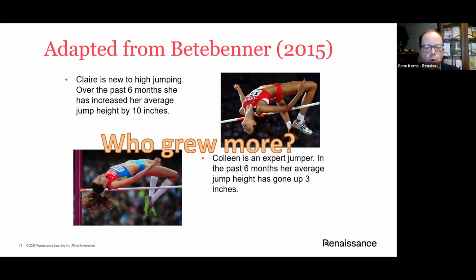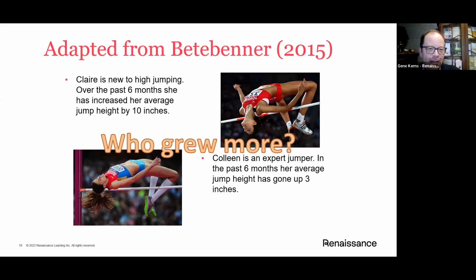Give a couple seconds more. That's actually more than just a 1 or 2 word response. So hopefully somebody's typing out there. Another way I could phrase it is, well, what's the difference between these two? What makes comparing the relative increase in jump height between these two jumpers hard to do? Anybody?